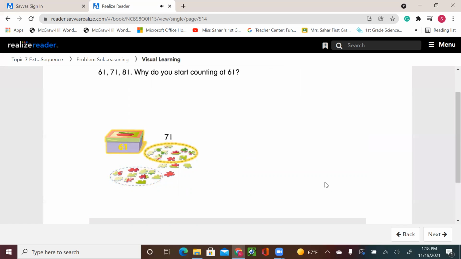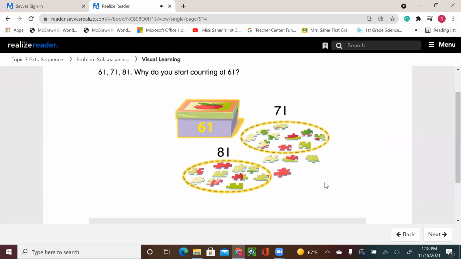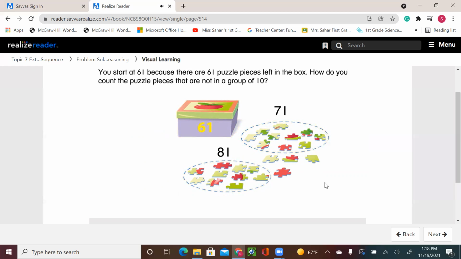Why do you start counting at 61? You start at 61 because there are 61 puzzle pieces left in the box. How do you count the puzzle pieces that are not in a group of 10?